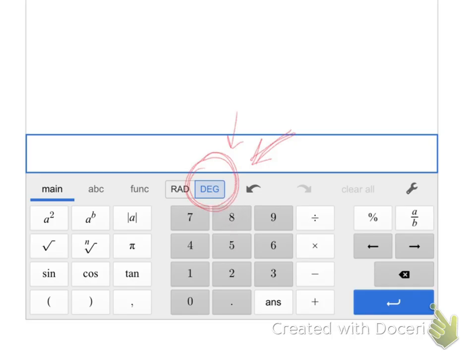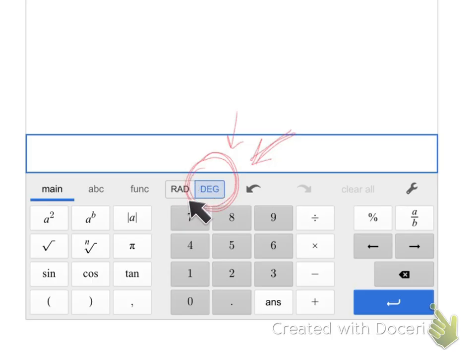All right. Now, the other way that you're going to check if your calculator is in degree mode is you're going to type what I have down on the screen and you're going to see if you get the same answer. If you do not get the same answer, I need you to check whether you put all the numbers in correctly. And if you did, make sure that it is in degree mode, not in radian mode. If you're wondering, well, what the heck is radian mode? Radians are something that we're going to look at later on in the year. But essentially, it's just another way of talking about angles.